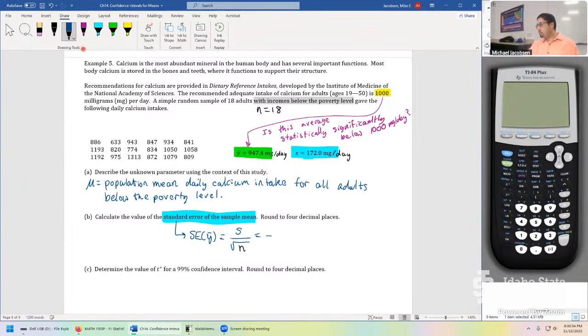So this turns into 172 divided by square root 18. Back to the calculator, 172 divided by, hit second power 2 for square root, and then 18. And we have a standard error to 4 decimal places, 40.5408.